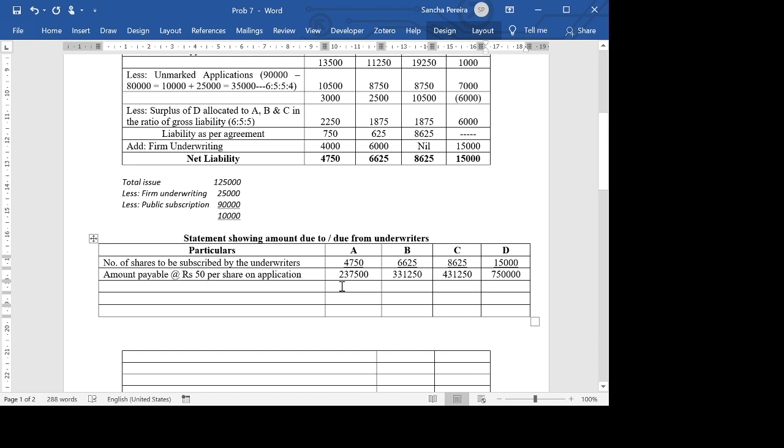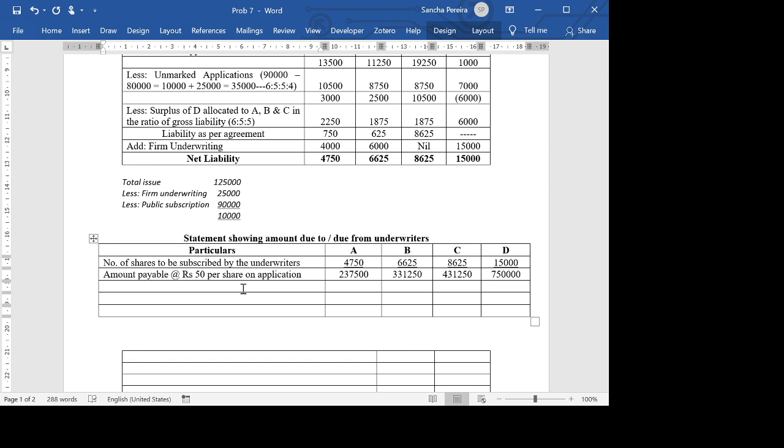Okay. Now we come to something very important which we had discussed also in the last problem. This is the total amount that is payable by the underwriters on these shares. But we know that even before the public issue was made, the underwriters decided that they are going to take up a specific number of shares on account of firm underwriting. So if they had decided even before the public issue, that means they must have paid an amount on application on those shares under firm underwriting then itself.